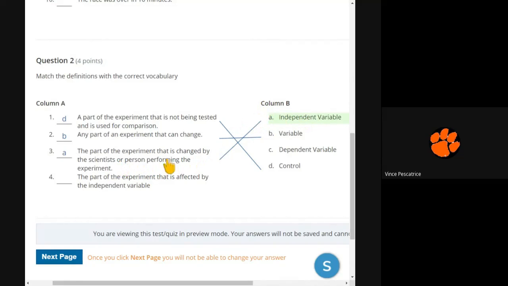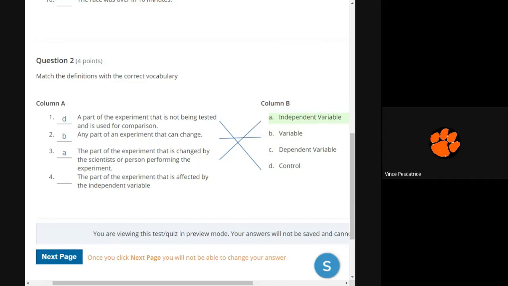It's not dependent because the dependent variable changes based on the independent variable. The dependent variable is something we don't have control over the change. If you think about it, it's the key thing we're looking for. We're looking for the change, and we don't want to have anything to do with that.